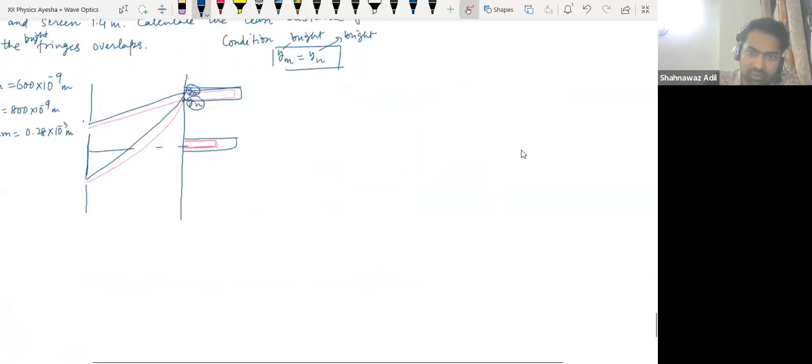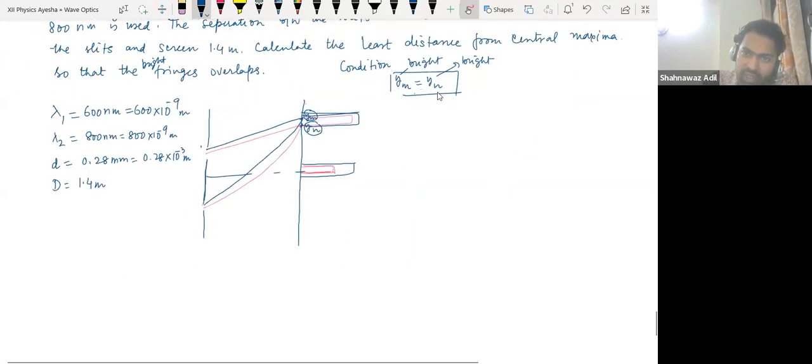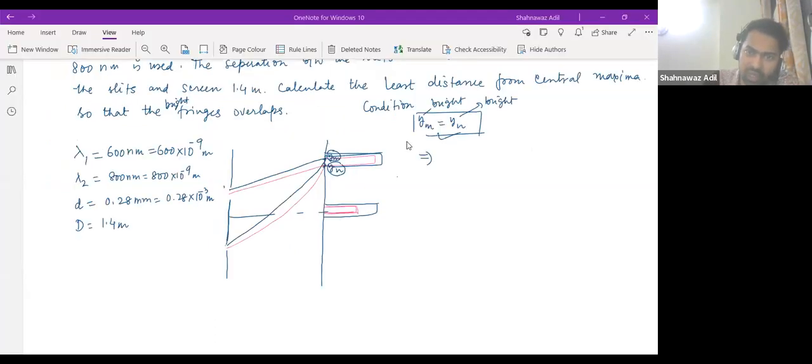So this is the condition. So we know the bright fringe for the one lambda case. What is the condition for the bright fringe? Who got disconnected? Oh, Mariam got disconnected.